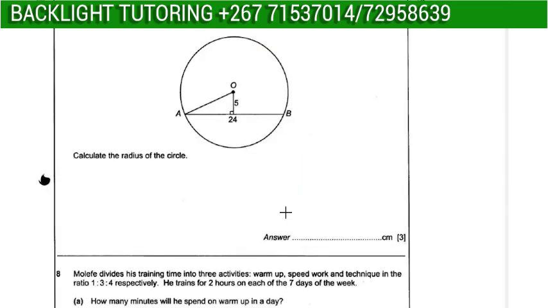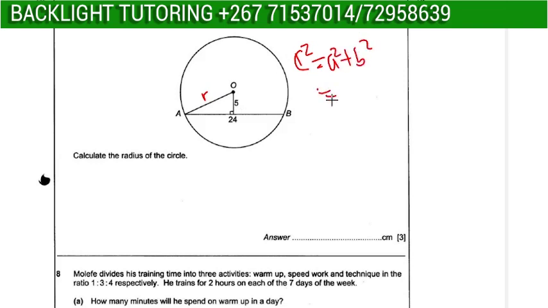Question 7. The diagram shows a circle with center O. The length of chord AB equals 24. The perpendicular distance of the chord from the center is 5 cm. Calculate the radius of the circle. So this is a radius, right? Pythagoras rule. What does it say? c squared equals a squared plus b squared.